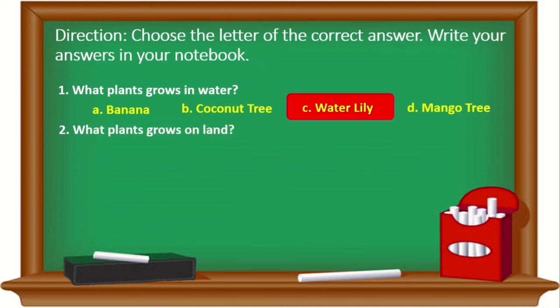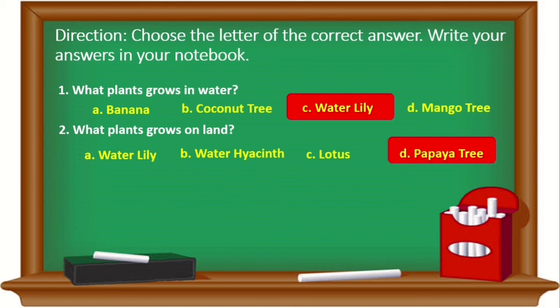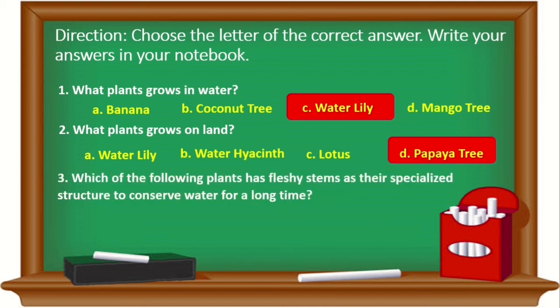Number 2. What plants grows on land? Is it A, water lily, B, water hyacinth, C, lotus, or D, papaya tree? If you choose letter D, papaya tree, you're absolutely right. Number 3.